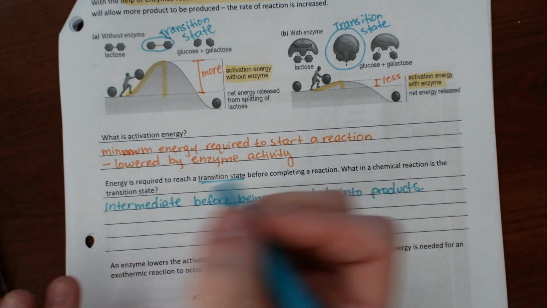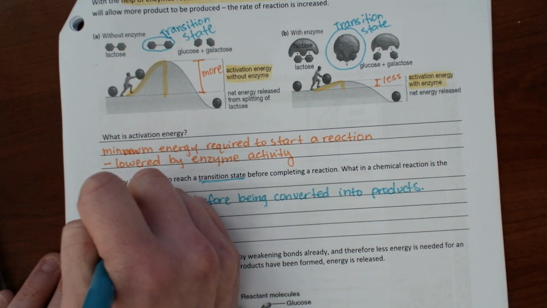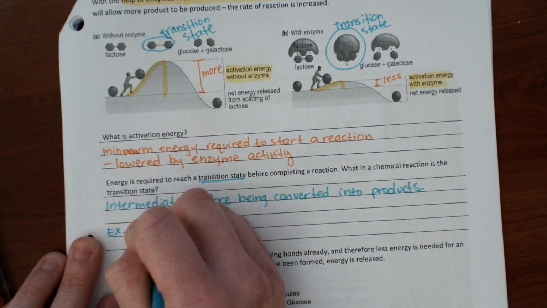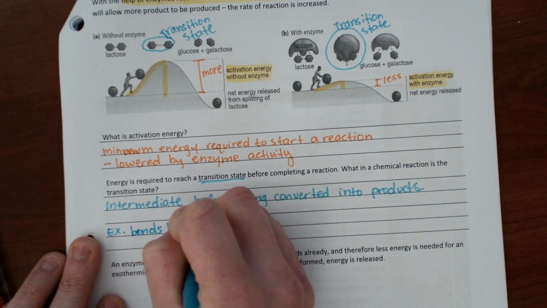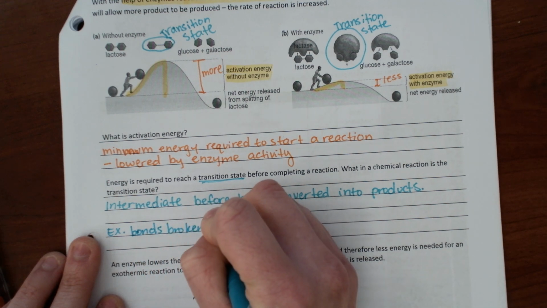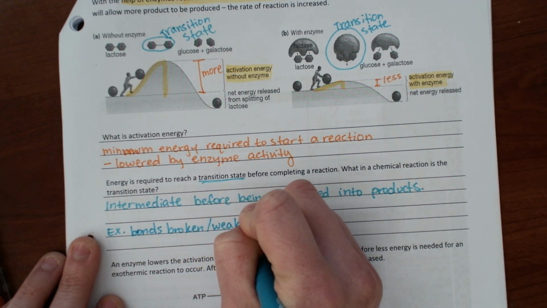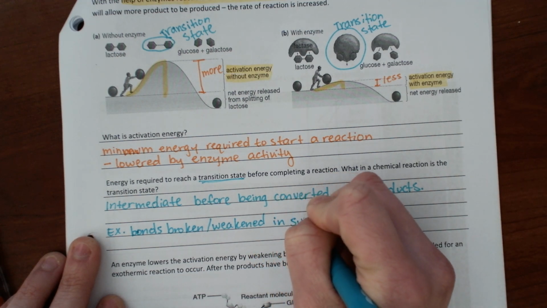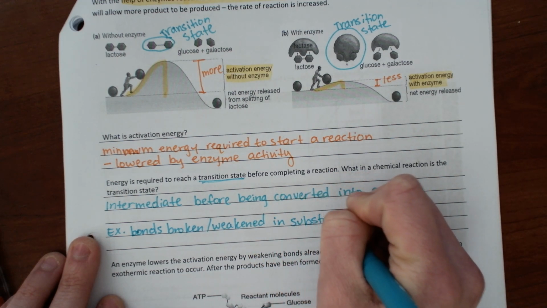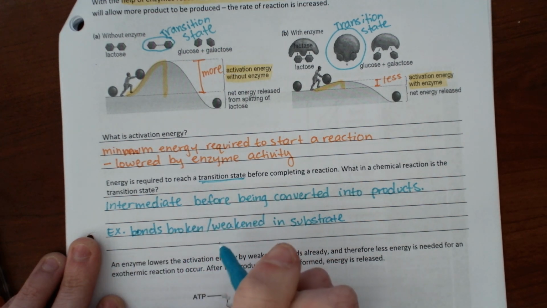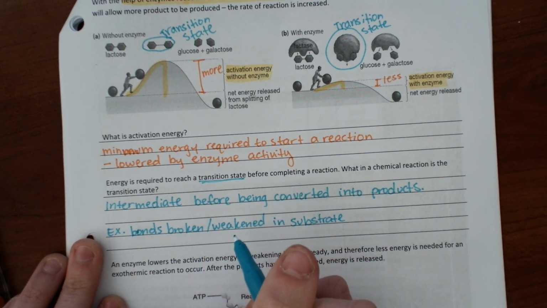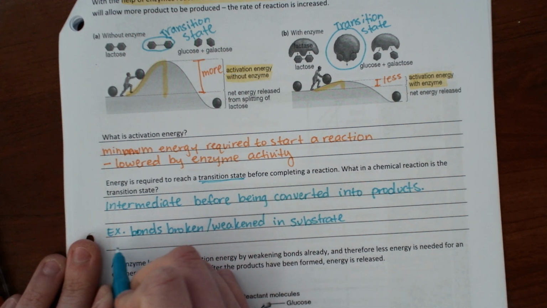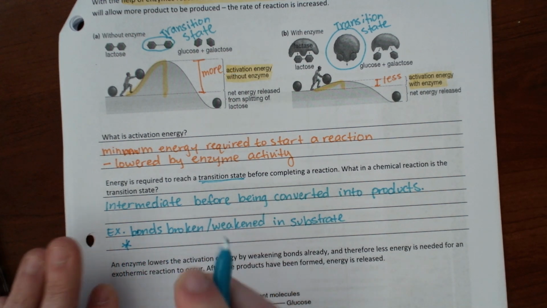And so some examples: when bonds are broken or weakened in a substrate. And this bond breaking and weakening of your substrate is what the activation energy is used for.